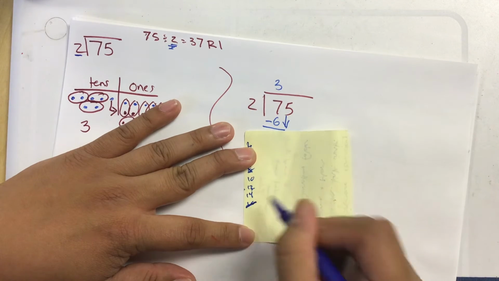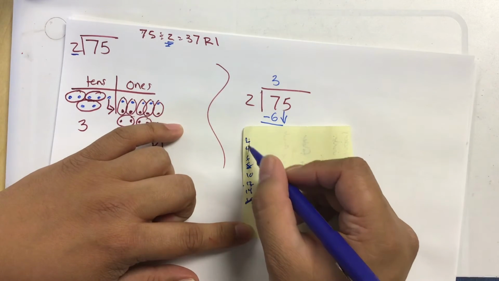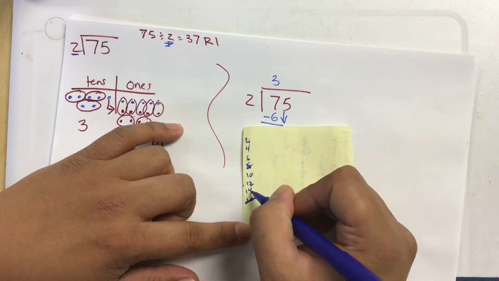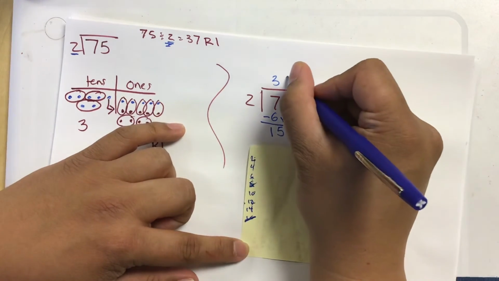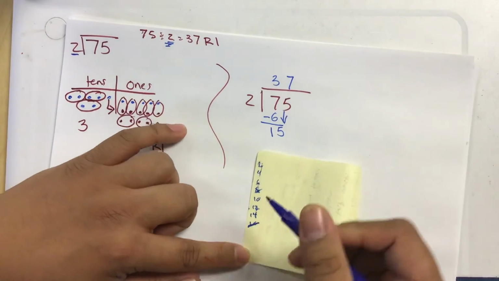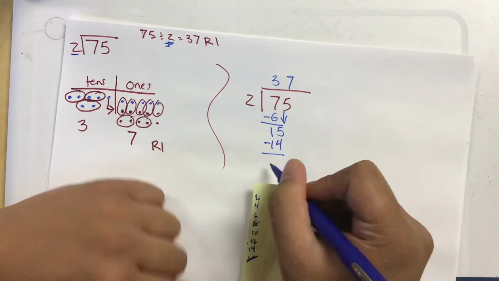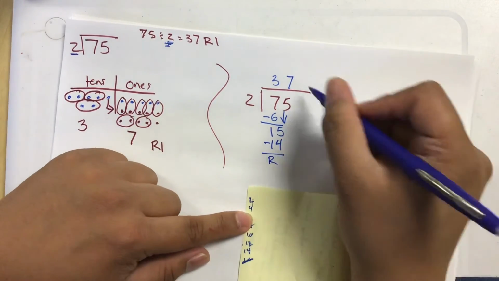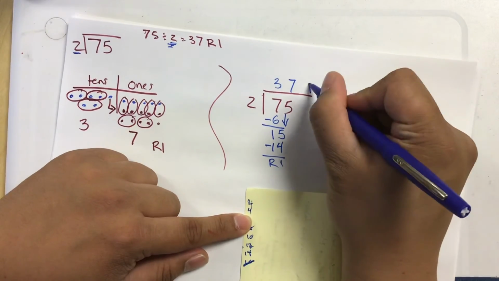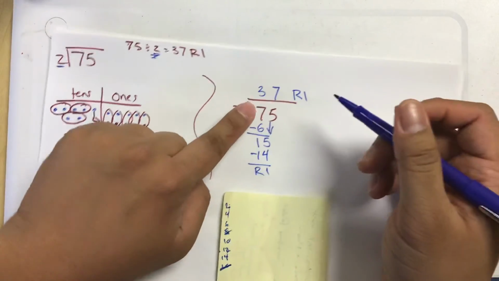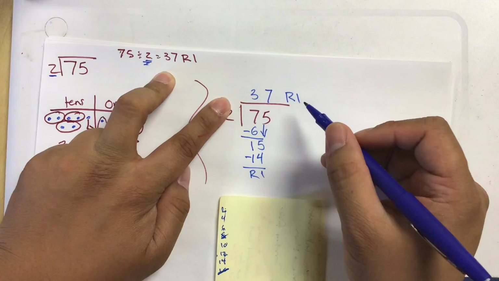I can't go to 16. So I can make 1, 2, 3, 4, 5, 6, 7 groups of 2, which gets me 14. So I subtract that, and I get that remainder of 1. So just like before, my answer is 37 with a remainder of 1.